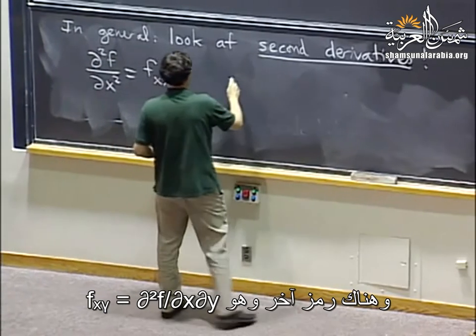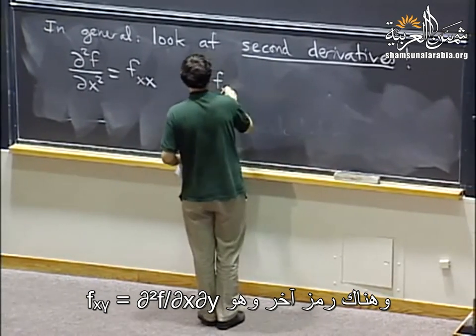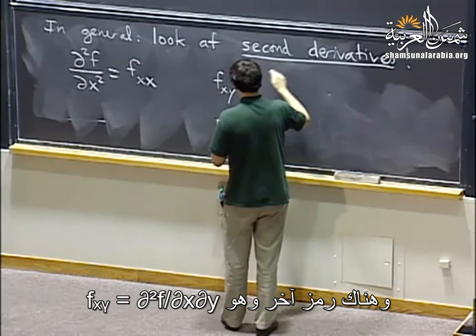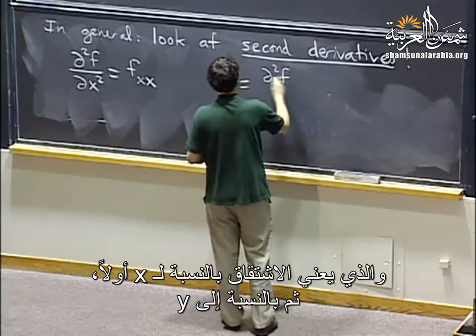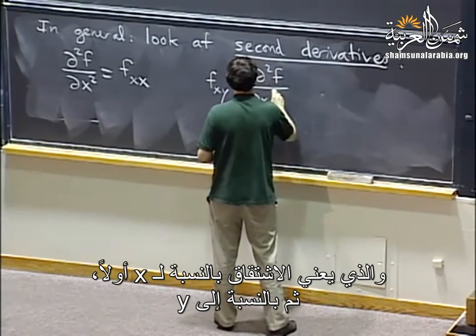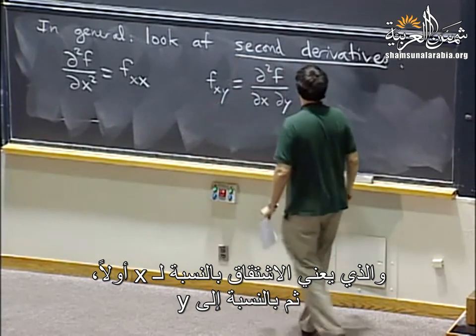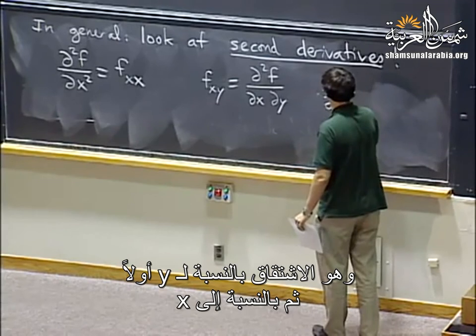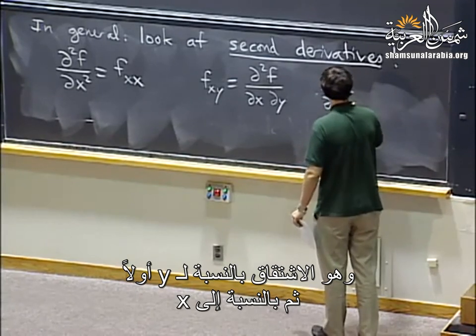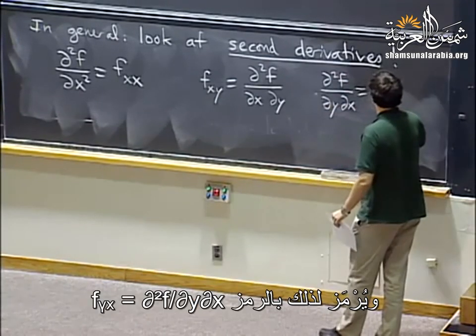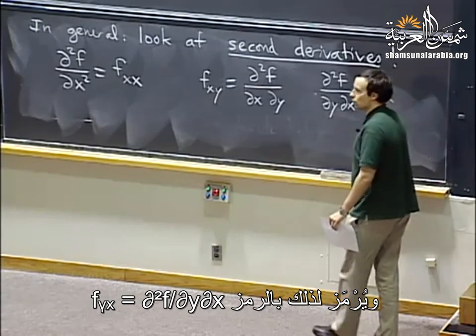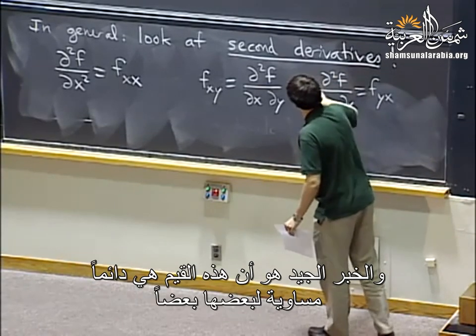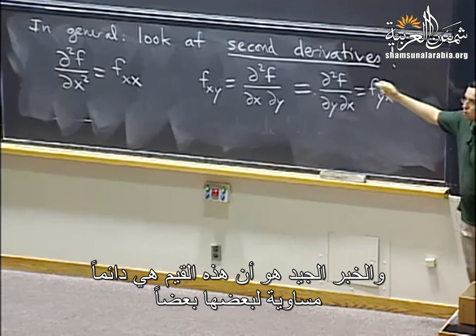Then there's another one, which is f sub xy, which means you take the derivative with respect to x and then with respect to y. Another thing you can do is do first derivative with respect to y and then with respect to x. That would be f sub yx. Well, good news, these are actually always equal to each other.